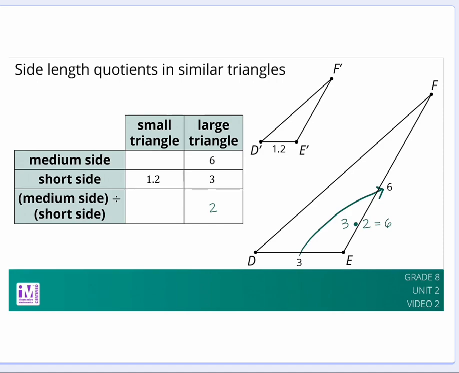So this must be true for any triangle that is similar to triangle DEF, since D'E' is 1.2 units long, and 1.2 times 2 equals 2.4. The length of side E'F' is 2.4 units.